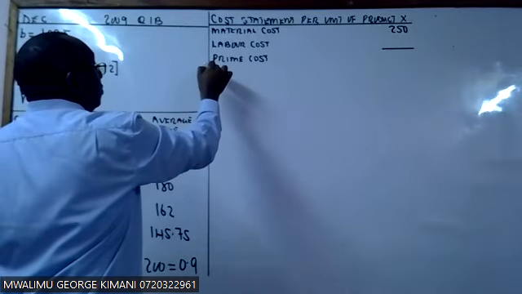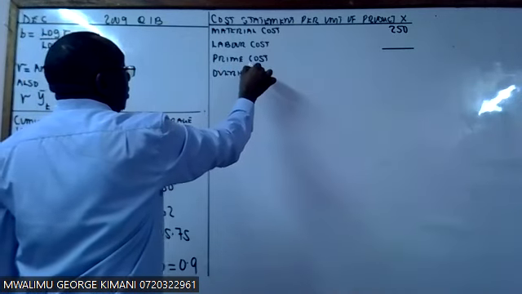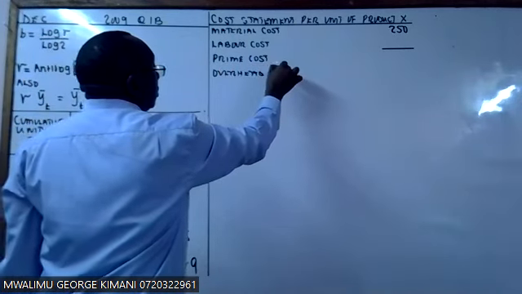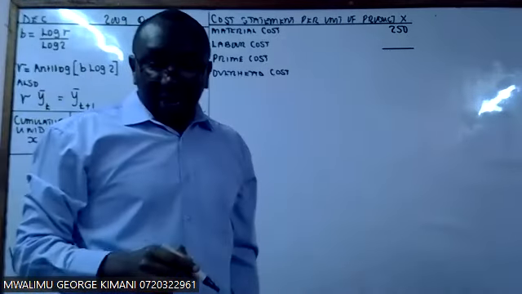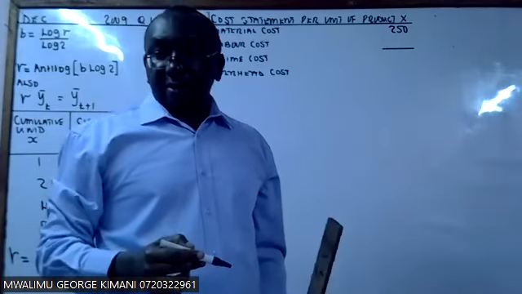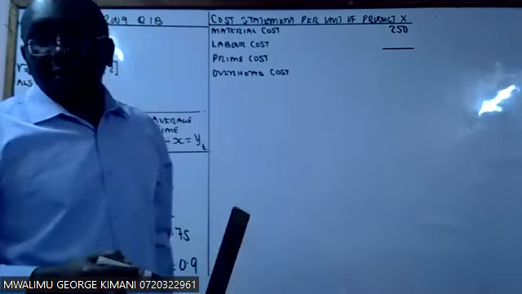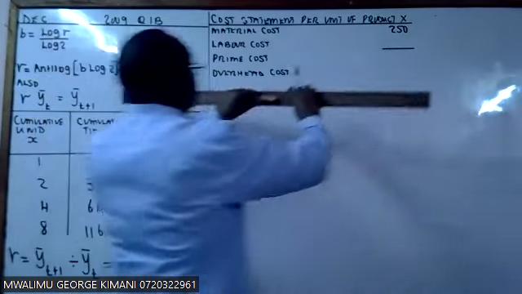Then you bring production overhead costs or just overhead. Now, the examiner has already given us the overhead and the total figure. So that will also require a working. So we are going to leave it.